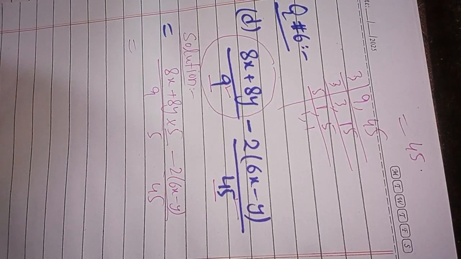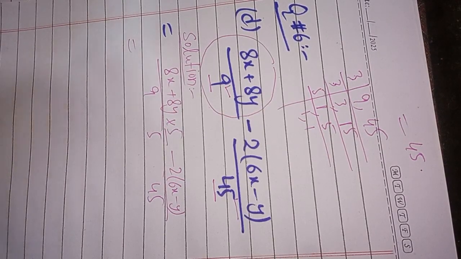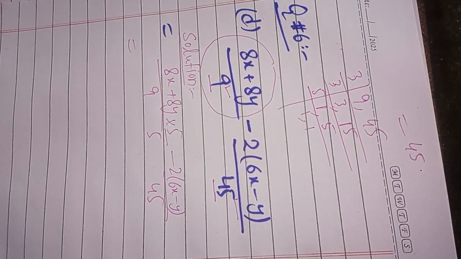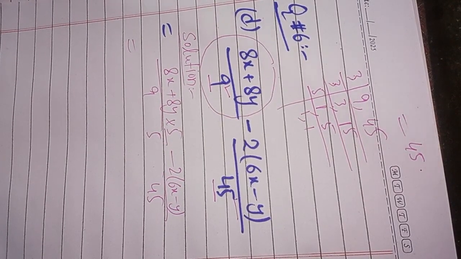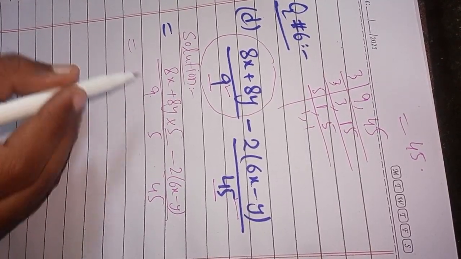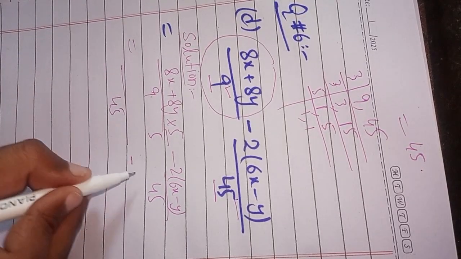Okay, now multiply the 5 with the first term. 5 is multiplied with both the numerator 8x plus 8y and the denominator 9. 9 5s are 45, so the denominator is changed.